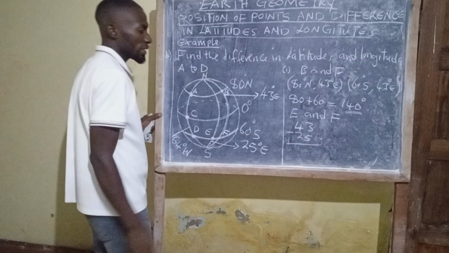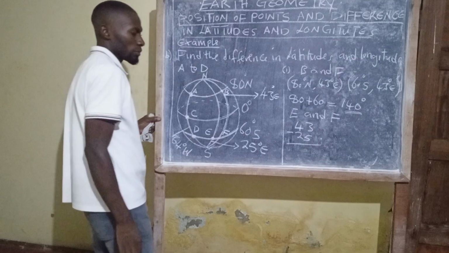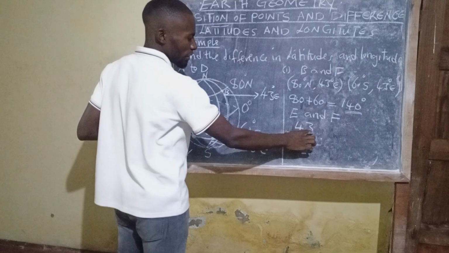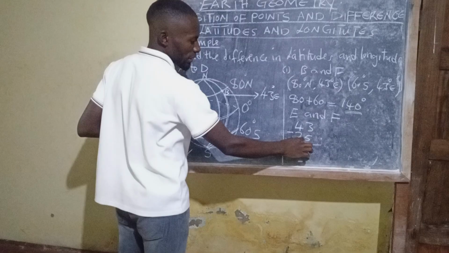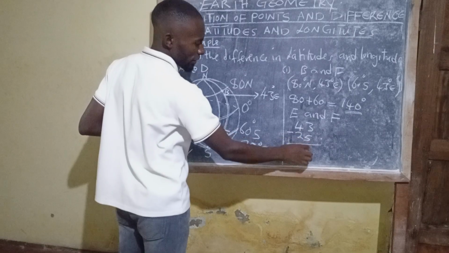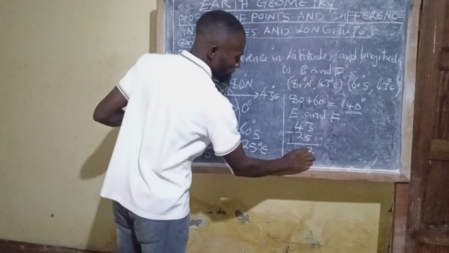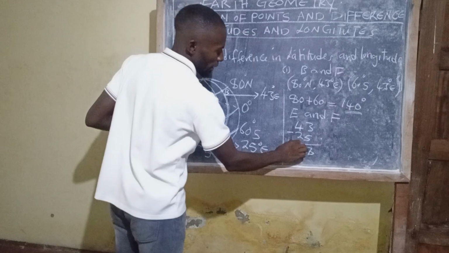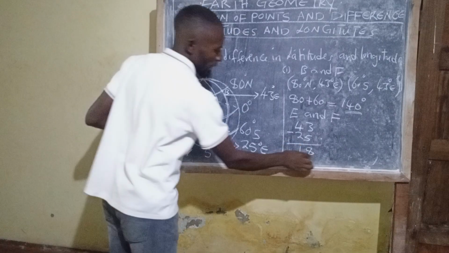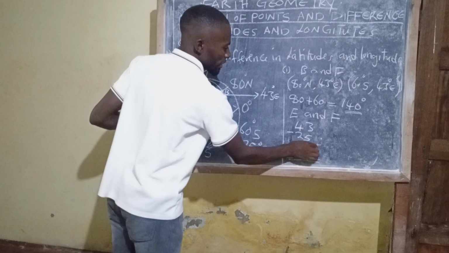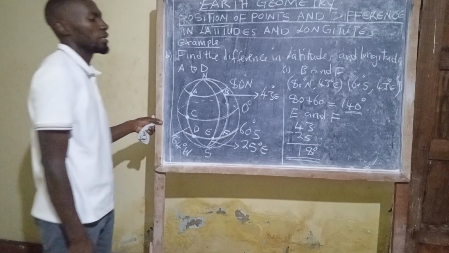So when you subtract these two, 43 minus 25, we are going to have 18 as our answer, 18 degrees.